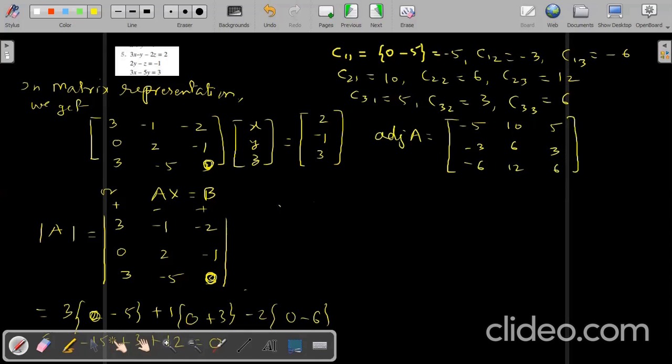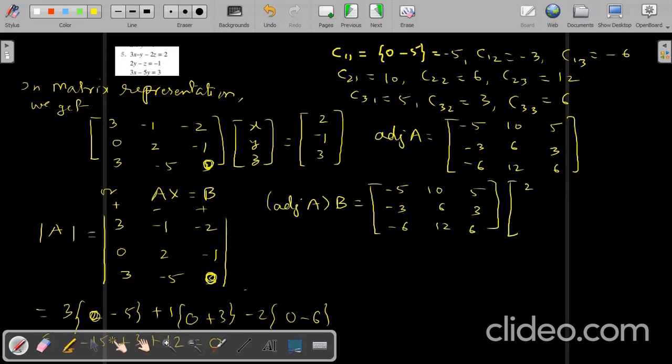Now we have to find the multiplication of adjoint A with matrix B. So adjoint A is minus 5, 10, 5, minus 3, 6, 3, minus 6, 12, 6. Multiply it with matrix B, that is 2, minus 1, and 3.